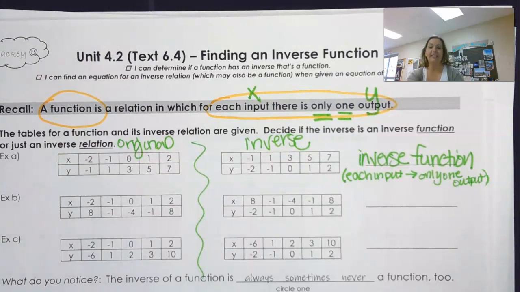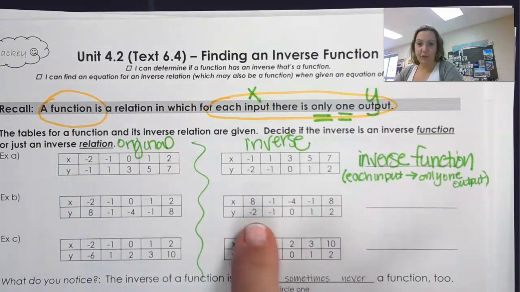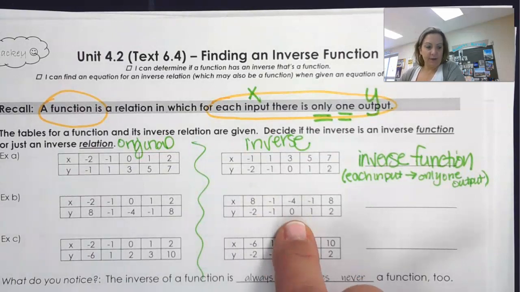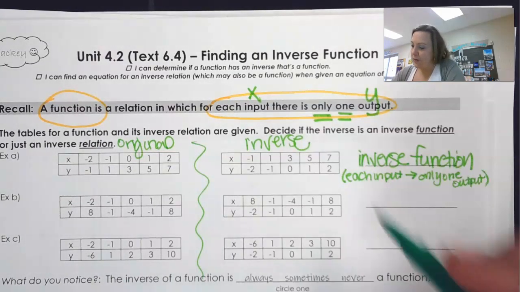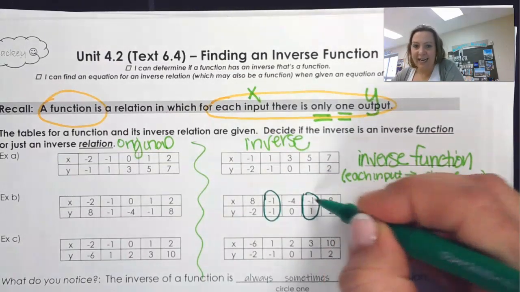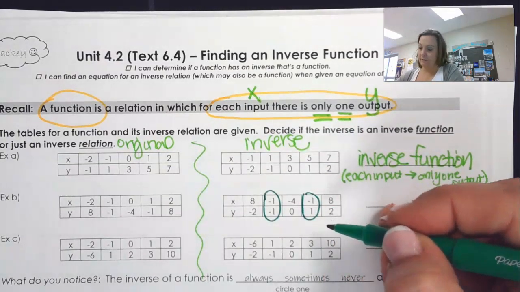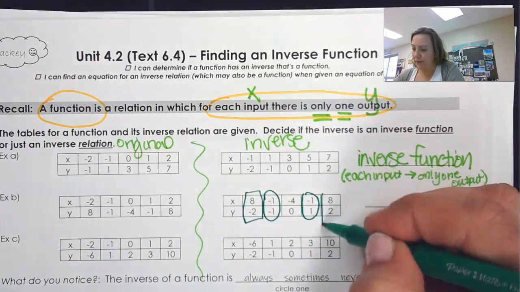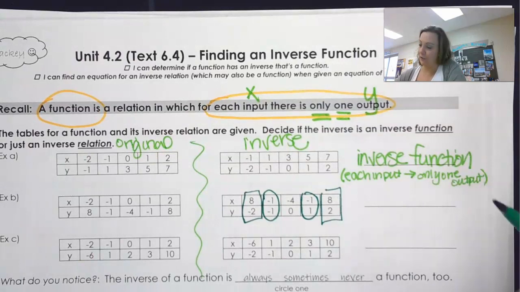What if I look at example B? If I look at example B, I see that 8 gives me -2, -1 gives me -1, -4 gives me 0. Wait a minute. I see here that -1 gave me -1 and -1 gives me 1. And here 8 gave me -2, but here 8 also gave me +2.